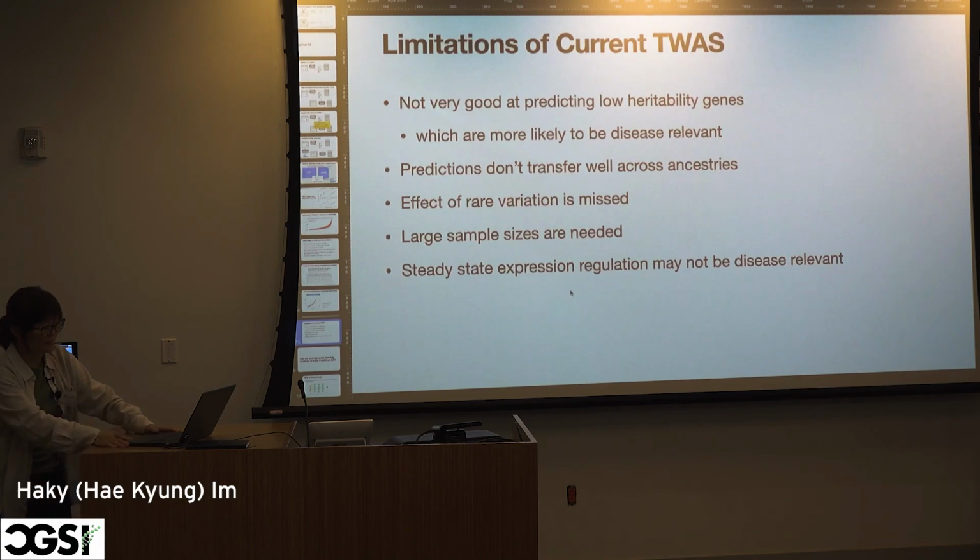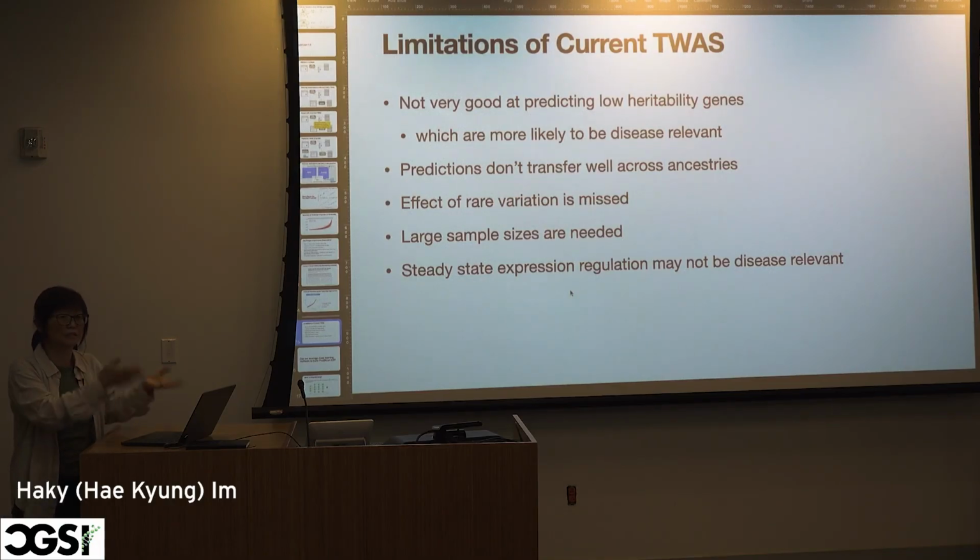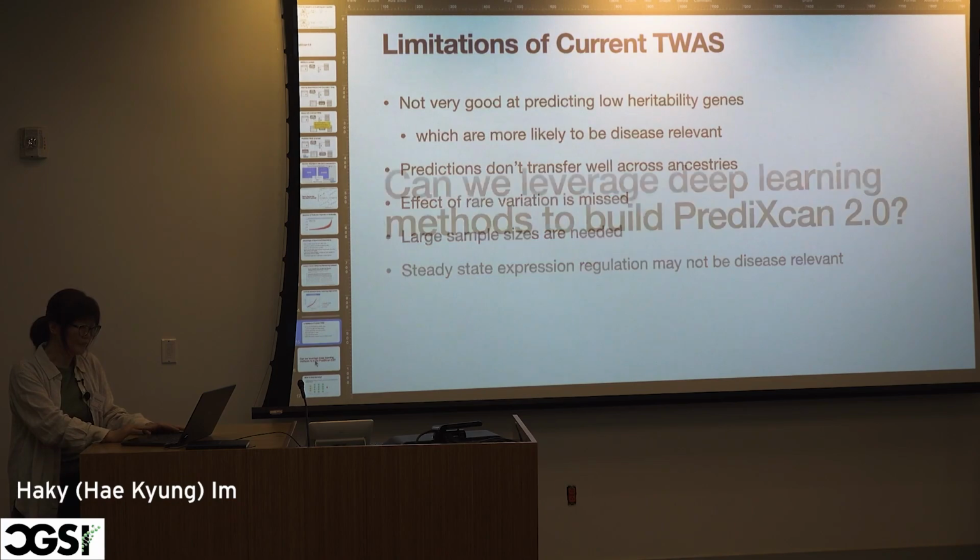And there's another general consensus we are coming to: steady state expression, which is the bulk expression data you find, may not capture the regulatory processes that are relevant for disease. Maybe disease develops during development or after some perturbation, and those are things that get missed when we just look at this so-called steady state expression data.